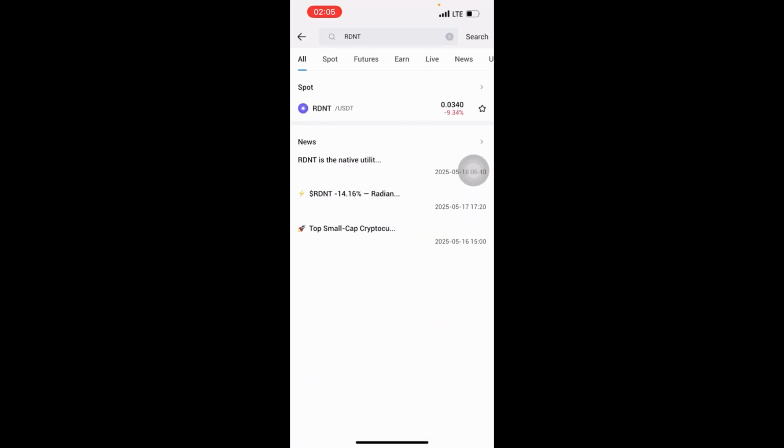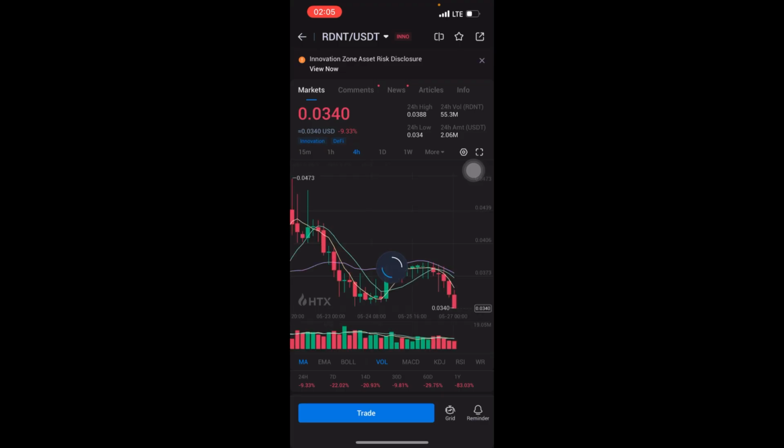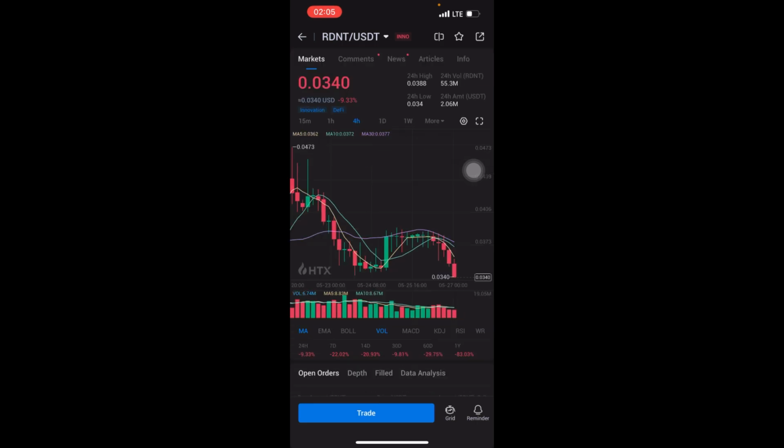Over here too it is 0.0340. So it means that both were correct. But before you initiate a trade, please consider the three factors.